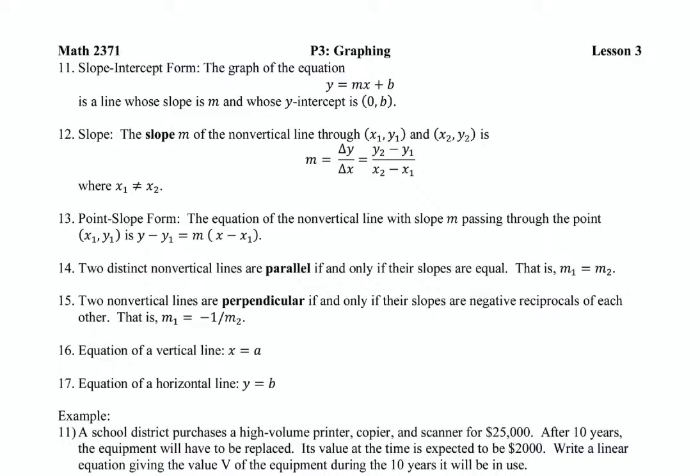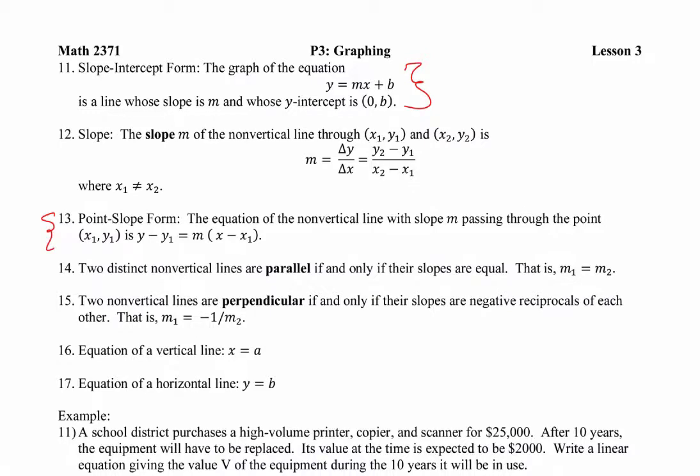Okay, first of all, I'm going to just go over real quickly some definitions. So first we're going to talk about the definition of an equation of a line, which is y equals mx plus b. You can also use point-slope form.